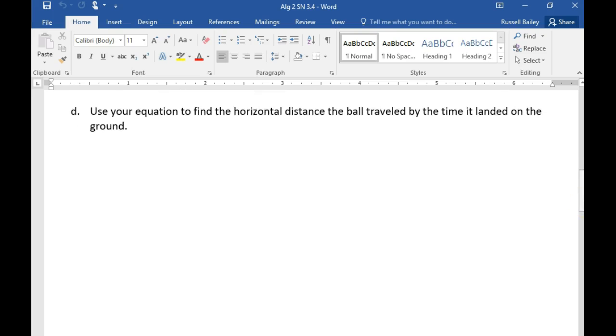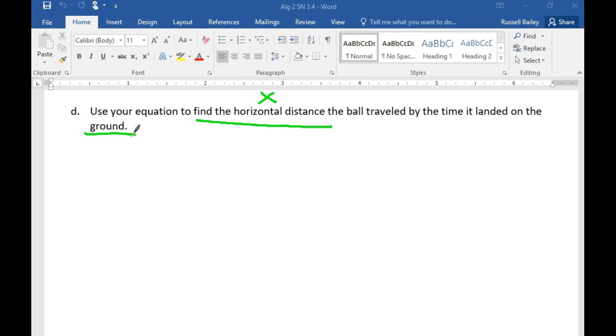Okay. So read the question. Use your equation to find horizontal distance. What am I finding? Horizontal distance. And what letter is that? So we're going to find x this time, not y. We're going to find the horizontal distance that the ball has traveled by the time that it lands on the ground.